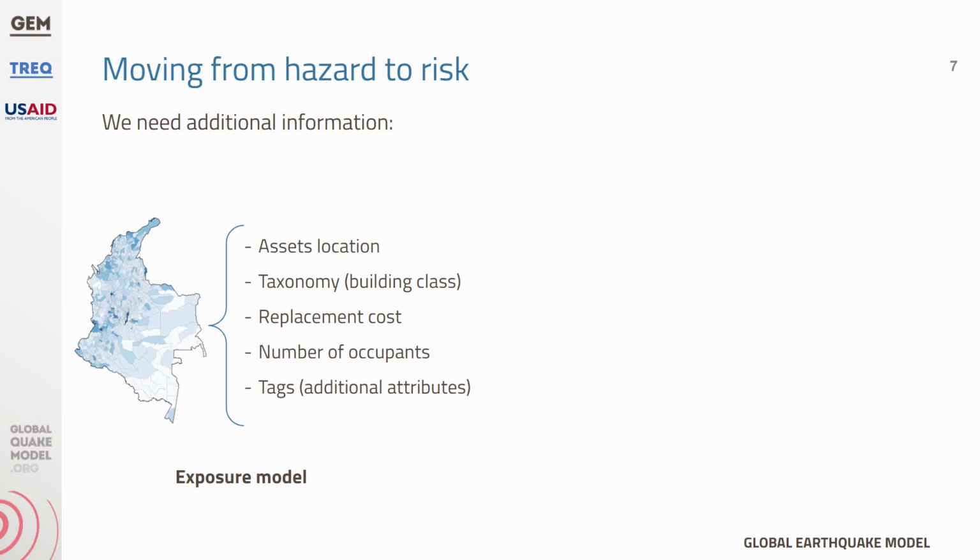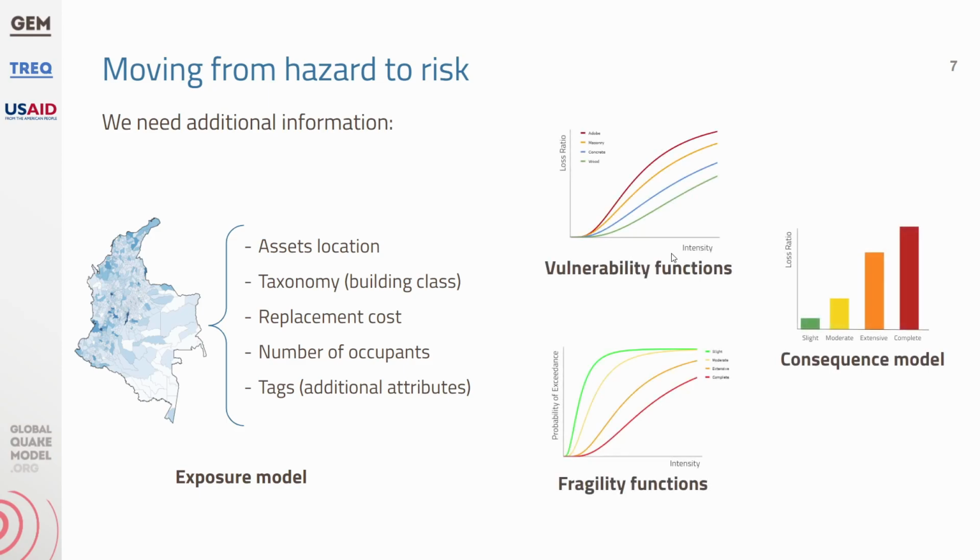If we also have the replacement costs, the number of occupants in those assets, and any other additional attributes that we have seen before, which we added as tags in the exposure model, they can contribute to the understanding of the exposure. All of this is what we call the exposure model, and it describes our built environment.